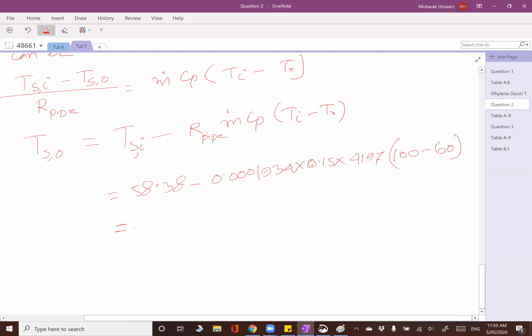So from here we get 53.5 degrees Celsius as the pipe outer surface temperature.